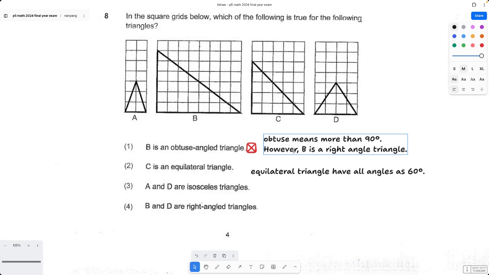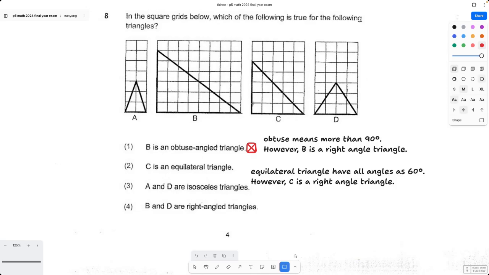However, C is a right angle as well, right? So I'm gonna put the red here. C is a right angle. That's what you see over here. Same goes to B over here, right? B is also a right angle. So that means this is wrong as well, right?